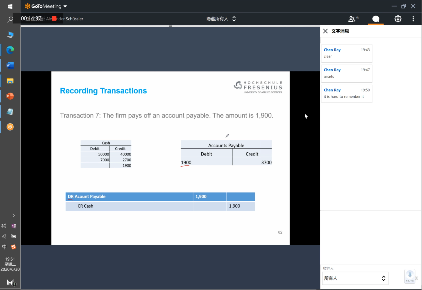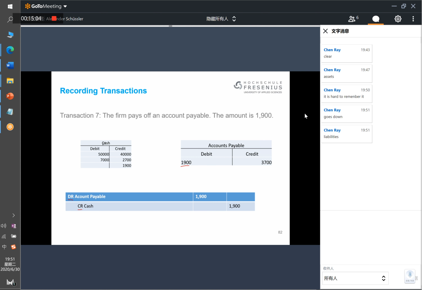When you debit an account payable, it goes down. Exactly, very good. Why does it go down? What is accounts payable? Is it an asset? Is it a liability? Exactly, it's a liability. When you debit it, it goes down, and you credit cash.